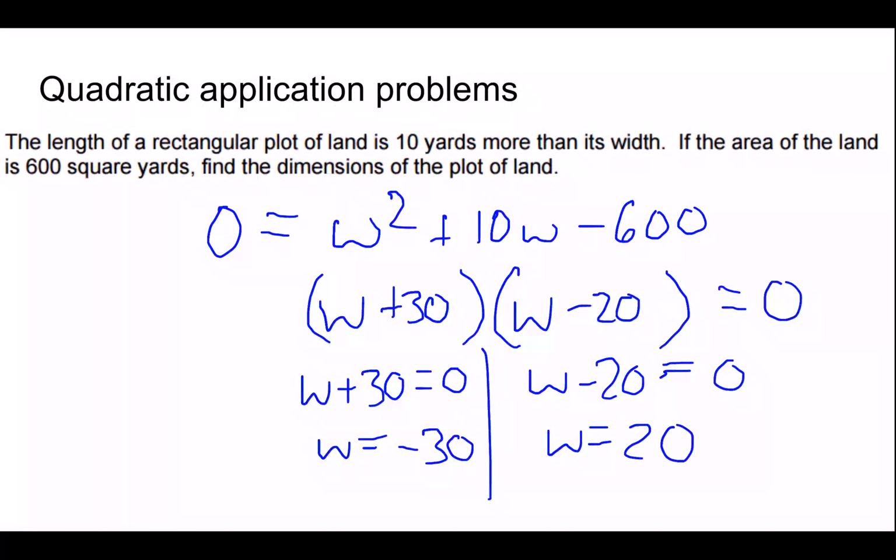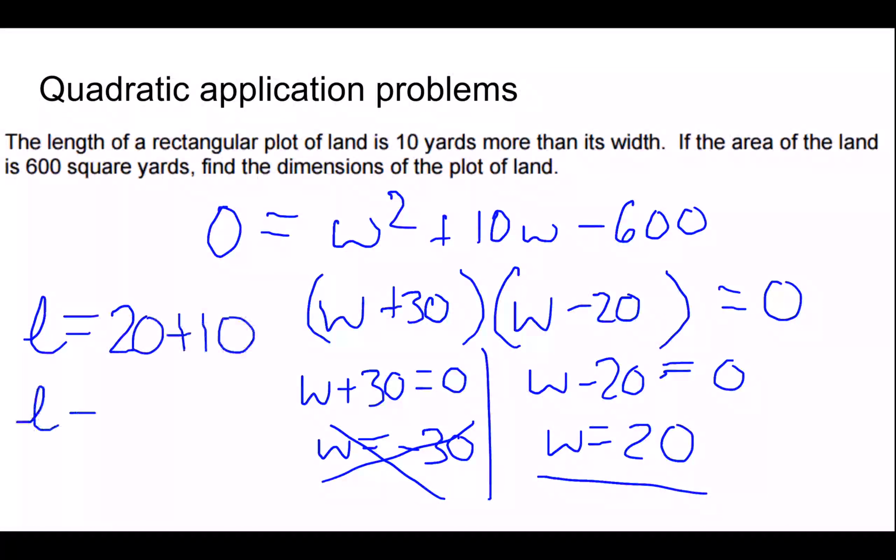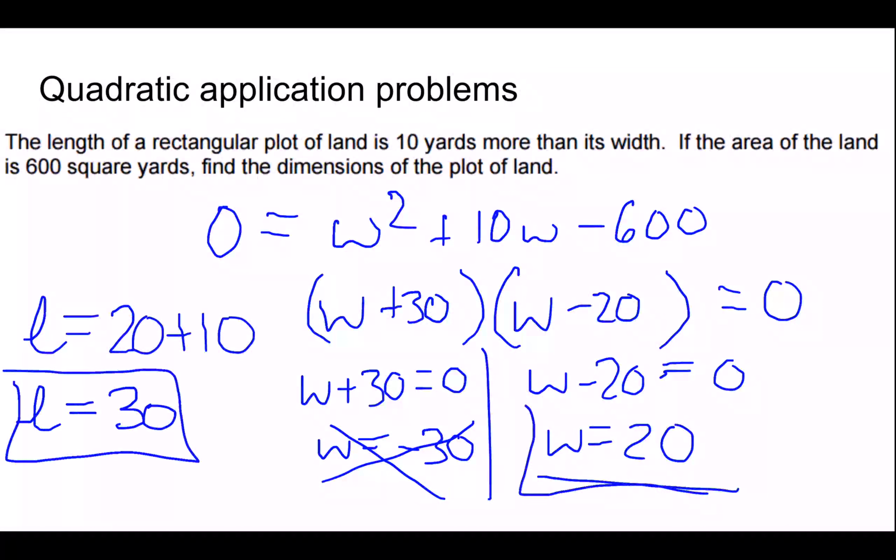Well, we do have two answers, but one answer doesn't make any sense. The width can't be negative, so it has to be 20. Well, if the width is 20, the length is just 10 more. So the length is just 20 plus 10, or 30. So those are the two dimensions that we would get.